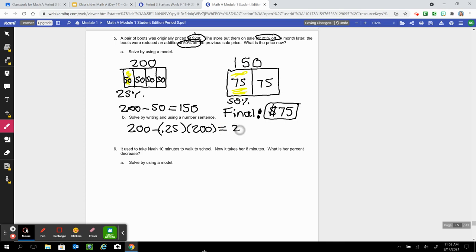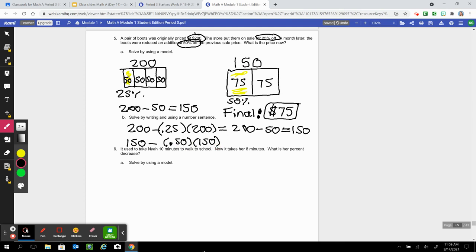That would be 200 minus $50, which is 150. And then we have to do it again. The next time we did 150 and we took away 50% of 150. And that would be 150 minus $75, and that's how we got $75.